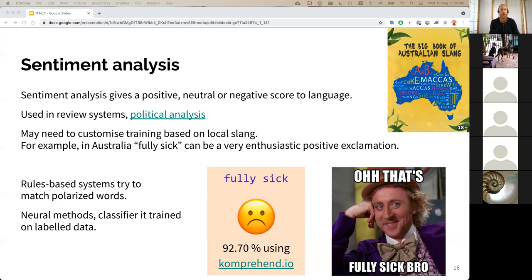So the application of the design is important to consider. If you had the car one running on the medical site and someone said "fully sick" and the response was, "Oh, great, good one, love it, show me, that sounds excellent," that's not an appropriate response to someone who's actually unwell.